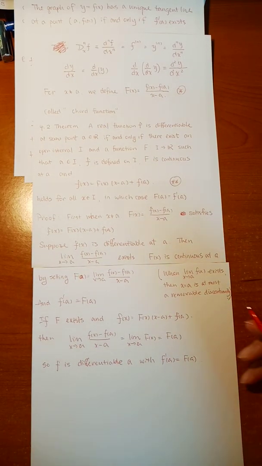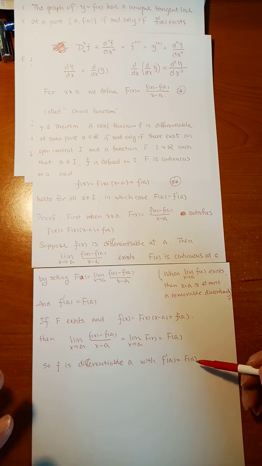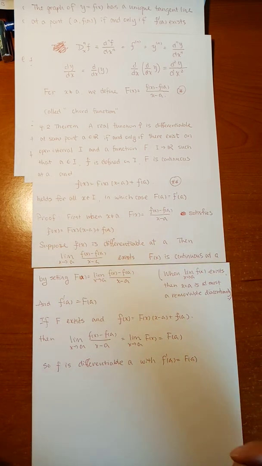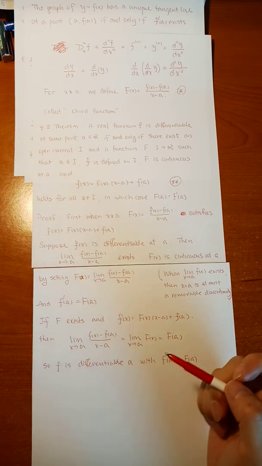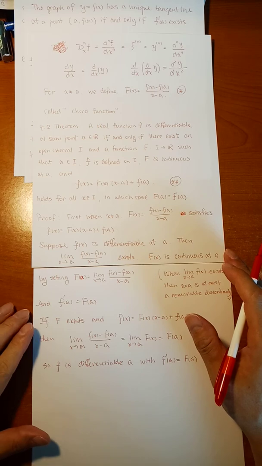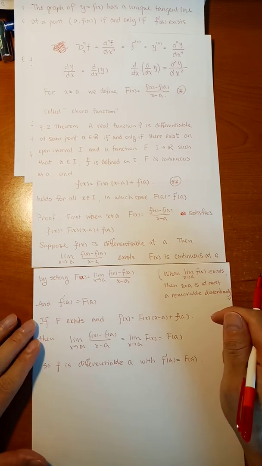So you can see that this capital F of x is almost the slope function, but it only works at a. If you change it to another point, this capital F will not give you the slope. Only at a does it give you the slope.